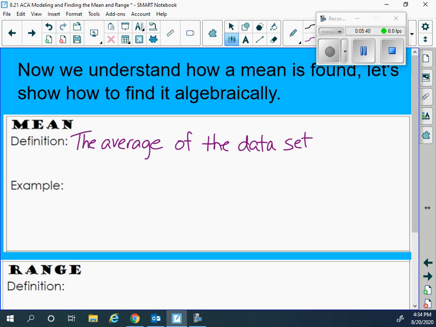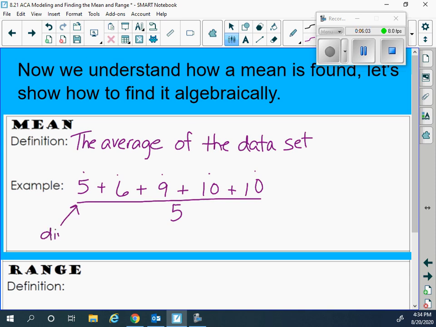From the first number line that we did, remember that our numbers were 5, 6, 9, 10, and 10. So what you're going to do is add them and divide by how many there are. There's 1, 2, 3, 4, 5, so it's 5. Remember that this line right here means to divide.